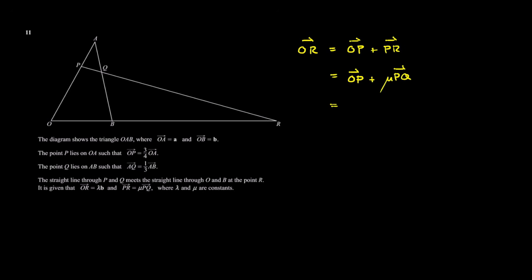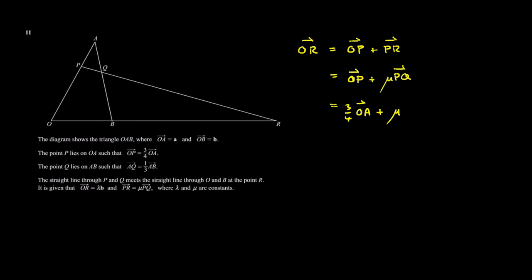And what about OP? We don't know what OP is in terms of A and B, but we are told that it's equal to 3/4 of OA. So I can replace the vector OP with 3/4 of OA. Now, what about the vector PQ?